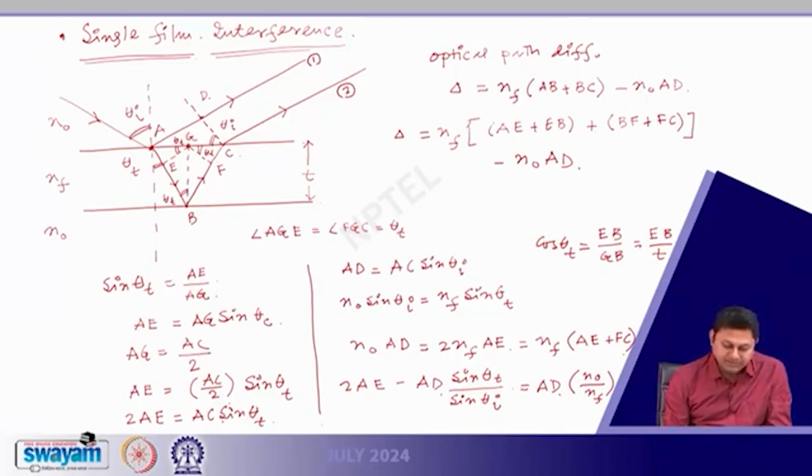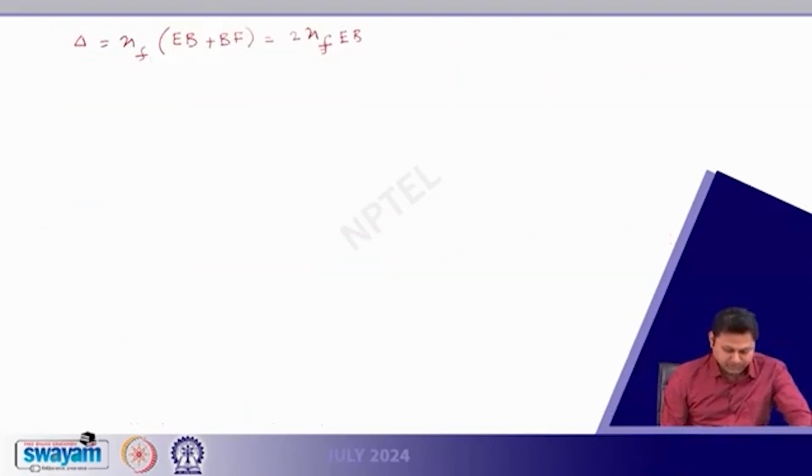So 2 of EB is EB plus BF. In a similar way, I can write EB plus BF is equal to 2 of this EB.